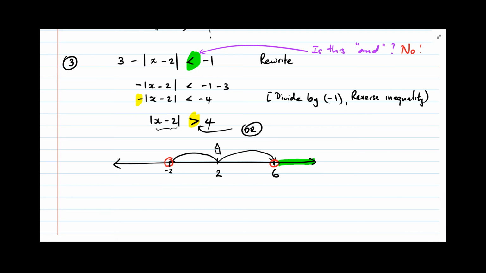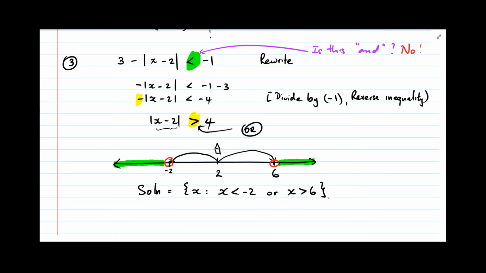Now I have gone more than 4 units, but this time to the left, so I shade the appropriate region. If I look at this solution set, my solution is the set of x's such that x is less than -2 or x is greater than 6. Alright, so be careful.